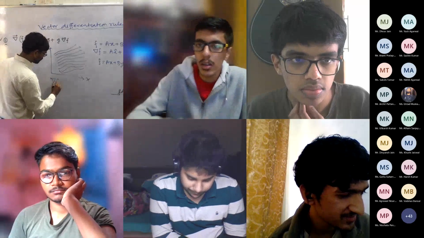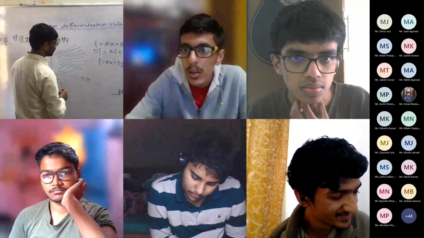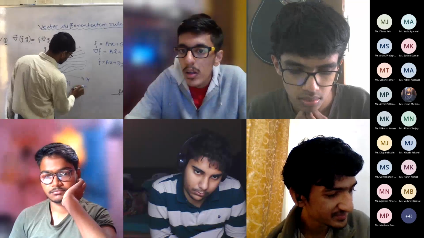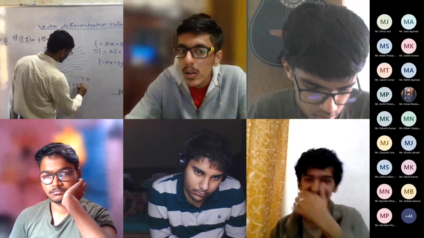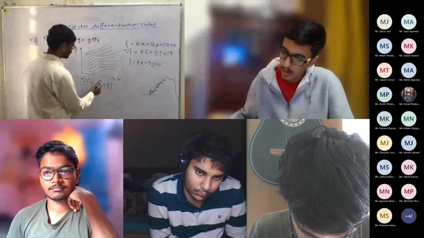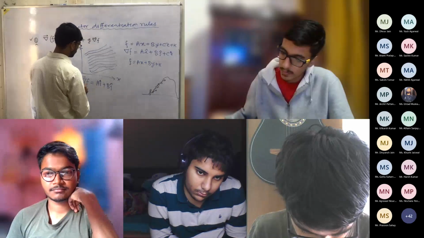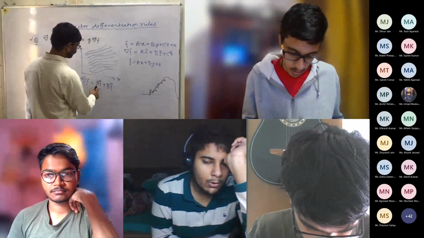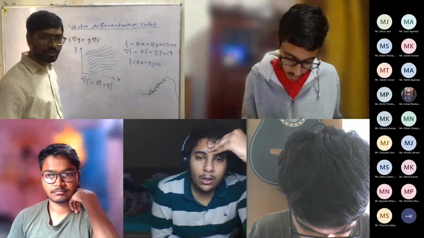And then grad f is equal to a i cap plus b j cap. Okay, and I mean, this vector, what will be the direction of this vector? Let's say a equal to 1, b equal to 1. This has i and j cap.